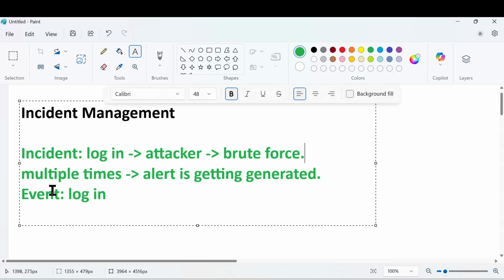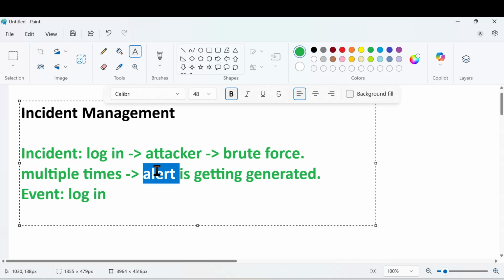So when we talk about an event, it is any action which we perform in our system. Like opening my command prompt, it is an event. Opening this PowerPoint presentation or Paint, that is an event. But once we find some sort of suspicious activity, an alert will be generated.